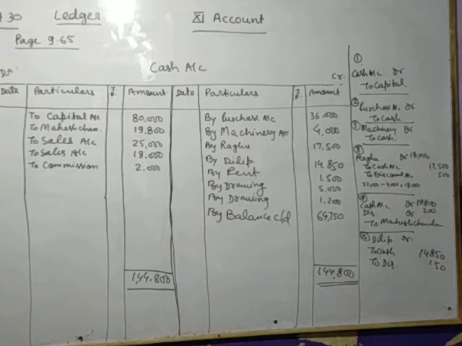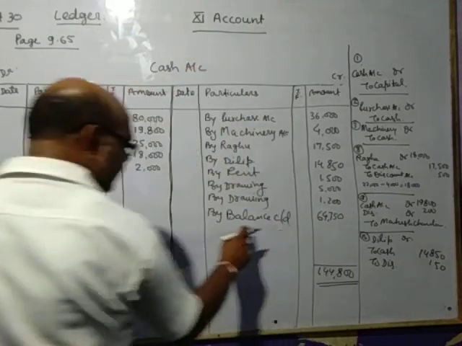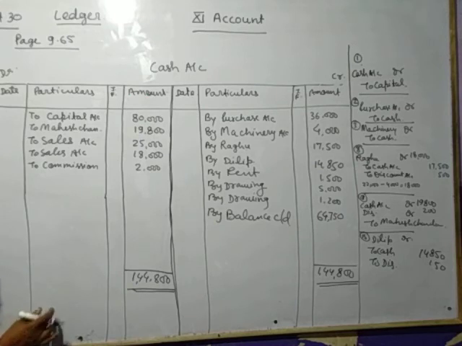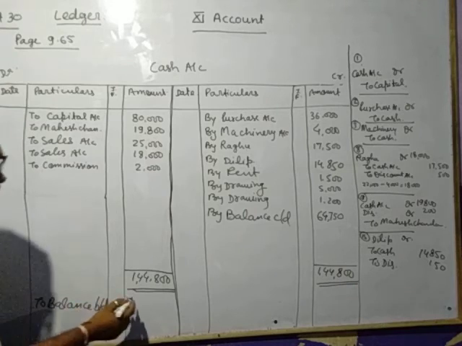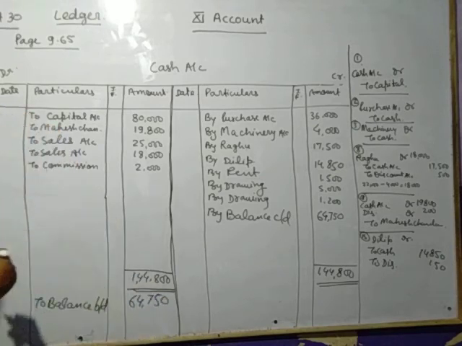So the balance will come 64,750, and this balance here we will write c/d, and after the total below this you will write to balance b/d, and here you will write 64,750. So like this you will make the ledger. This is only one account I have opened, but you have to open all the accounts. Thank you, student.